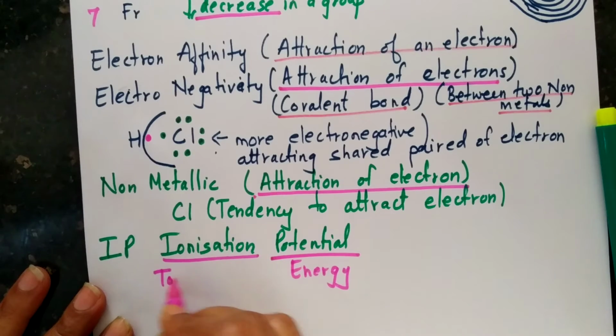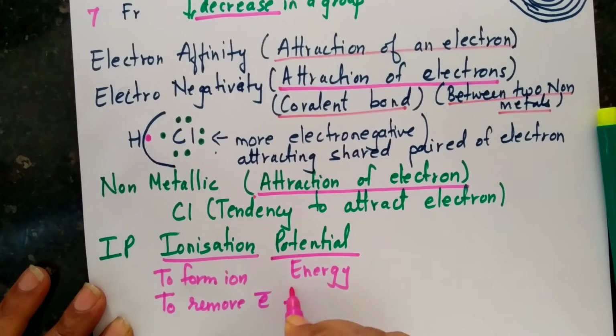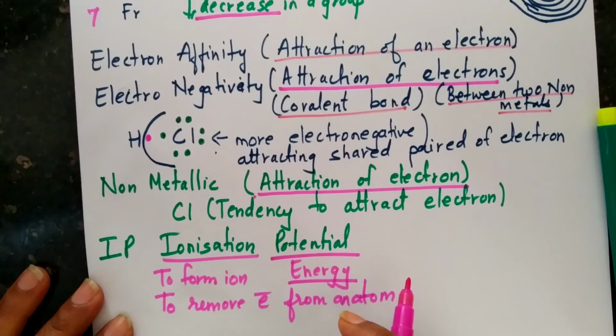Ionization is to form an ion, or to remove an electron from an atom. To remove an electron from an atom, energy is required. That is called ionization potential.